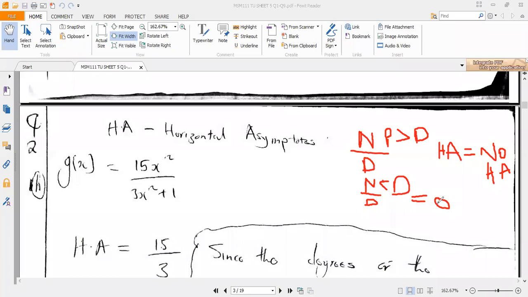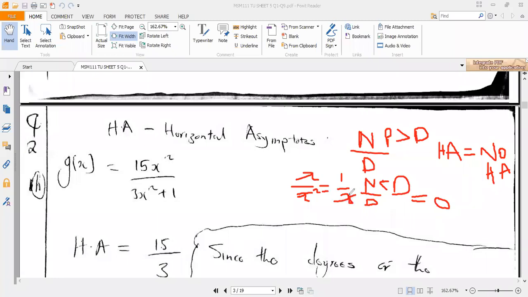Now, the key concept is that imagine you have x on the numerator over x squared. We know that this can be written as 1 over x.